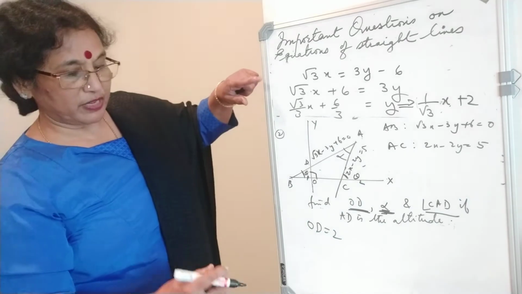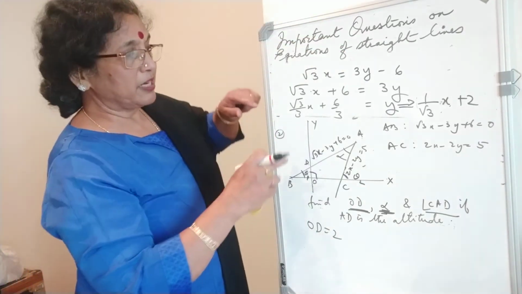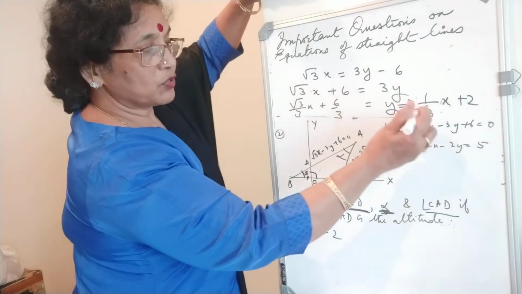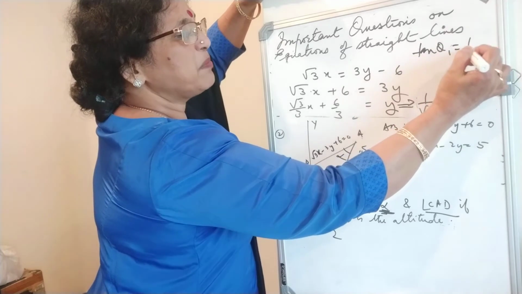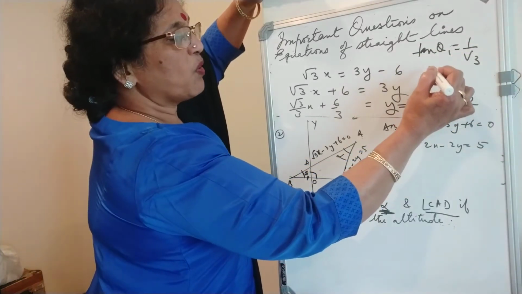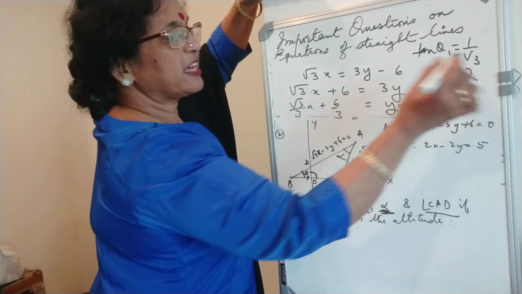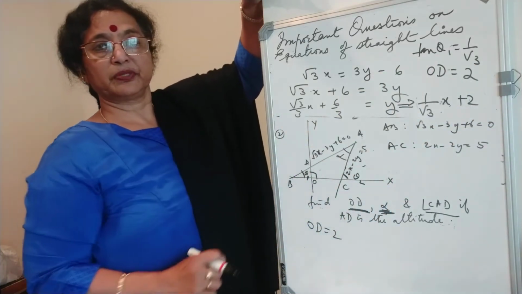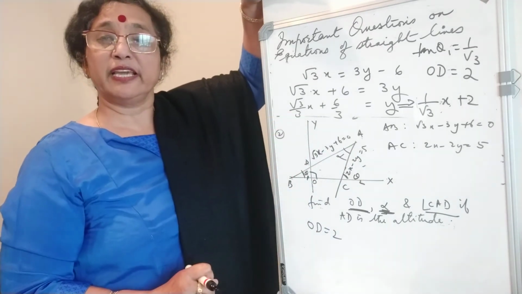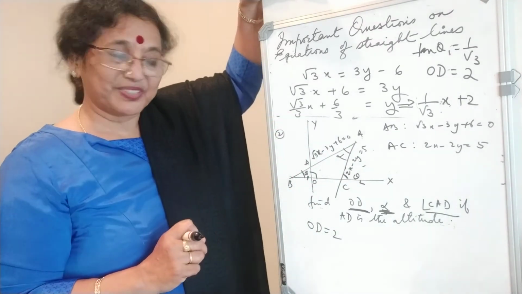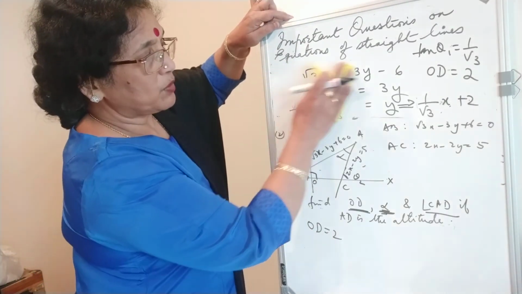So here, in this equation, after making y subject formula, I'm continuing with equation ADB. So you got tan theta 1 is 1 by root 3 and OD, y-intercept, is 2. So OD from the diagram is 2. So this line is cutting the y-axis, and what are the coordinates of D? 0, 2. Yes? So now, rubbing out this, we found y equals mx plus c.